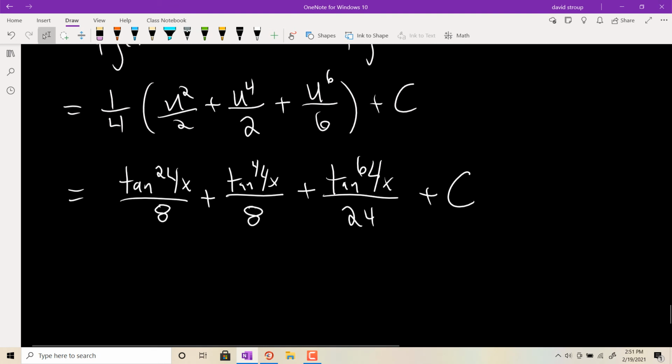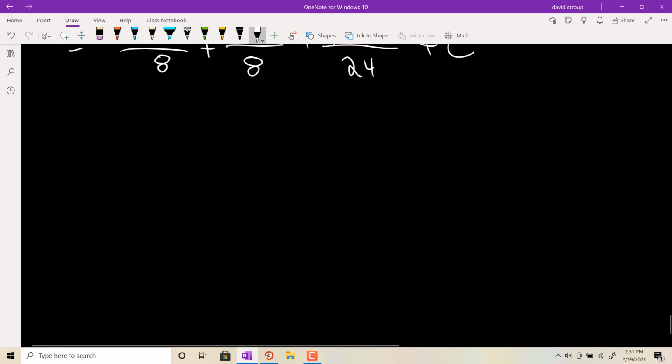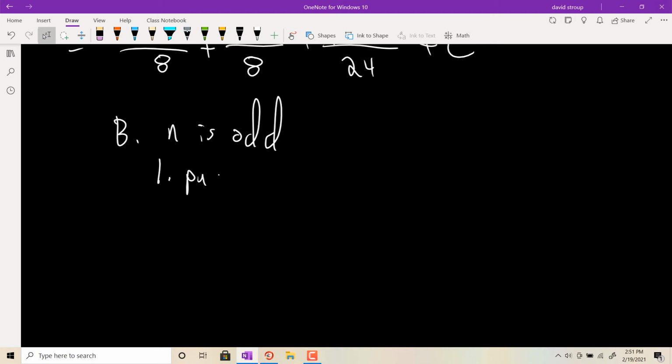So anyways, the other case, like I said, is when n is odd. In those cases, you can push back a factor of secant and a factor of tan for the derivative of your u sub. So push back a secant tan. Then you're going to be converting everything into secants, right?